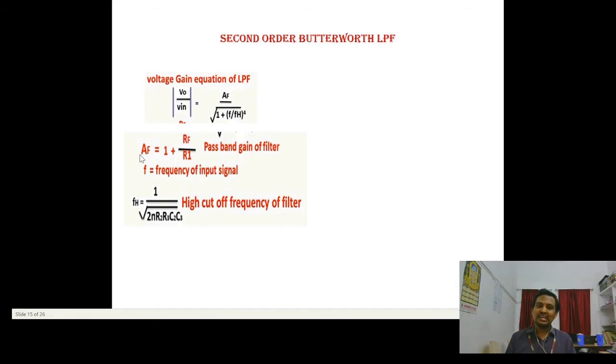And the value of AF equal to 1 plus RF by R1, we already know this, the pass band gain of the filter, and F is the frequency of the input signal. Fh will be 1 by 2 pi, and since we have two sections of filters, R2 C2 and R3 C3, instead of 2 pi RC, we write 2 pi square root of R2 R3 C2 C3.